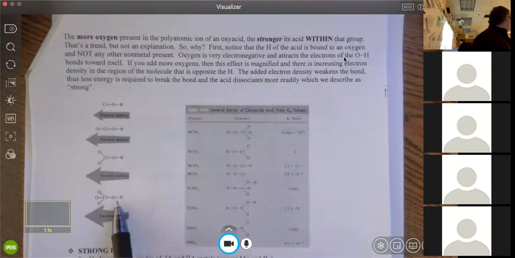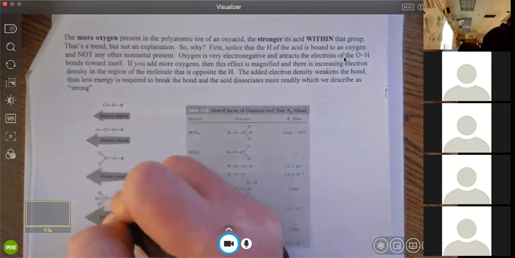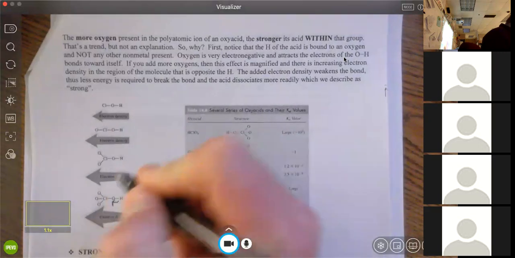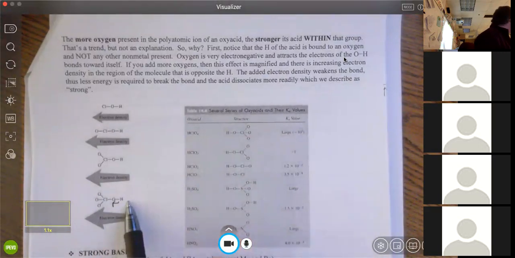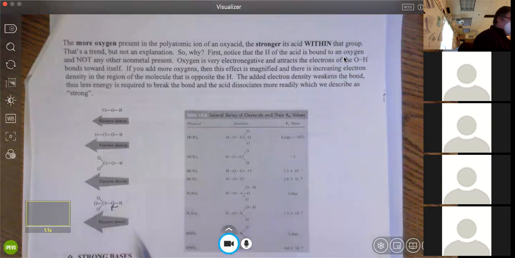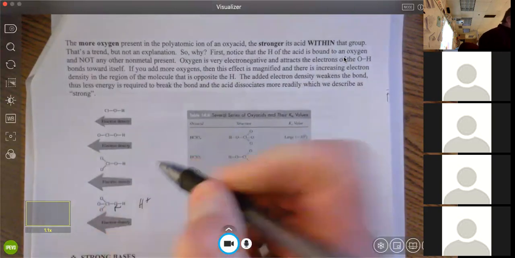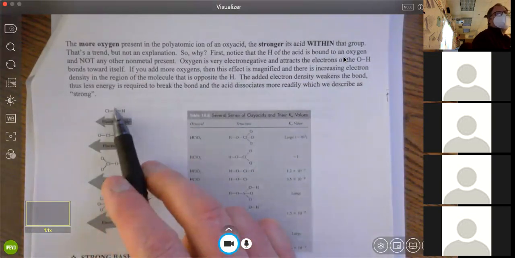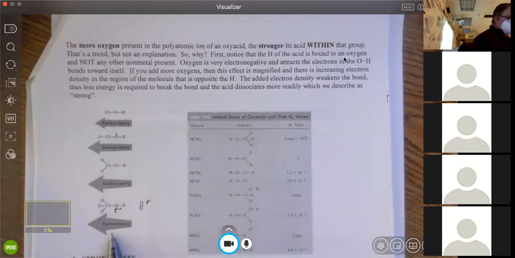If we pull those electrons this way, they will be pulled away from the hydrogen. What is a hydrogen without any electrons? It's a proton, right? That H plus. So the more oxygens you have on there, the stronger it's going to be.